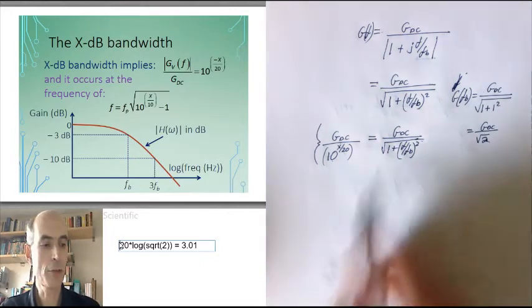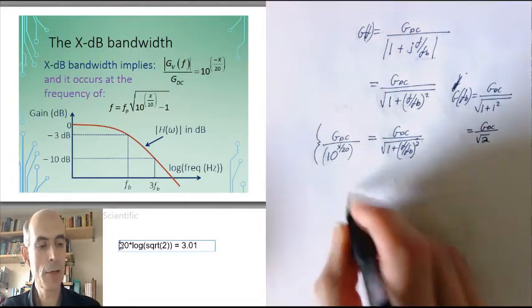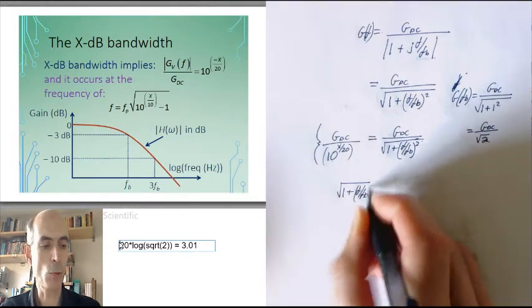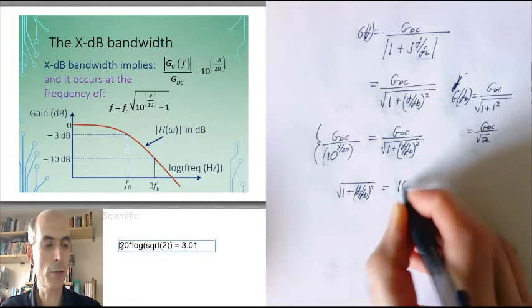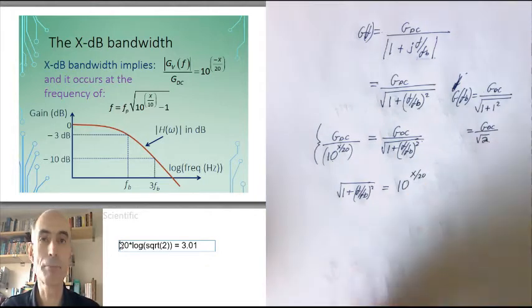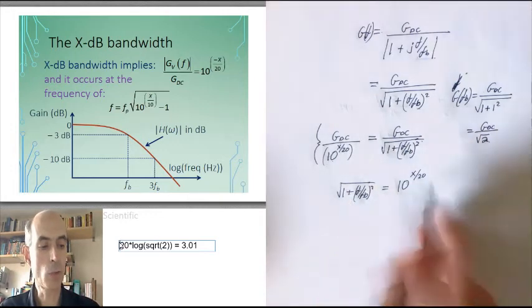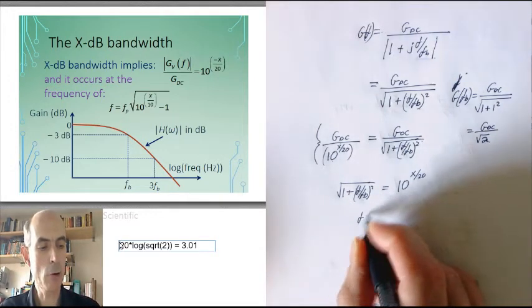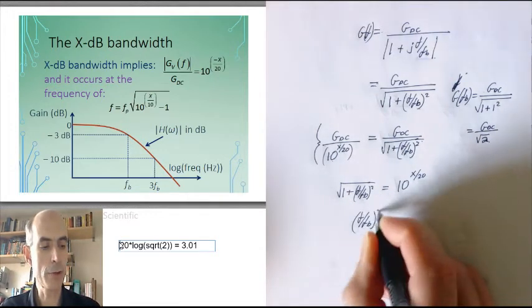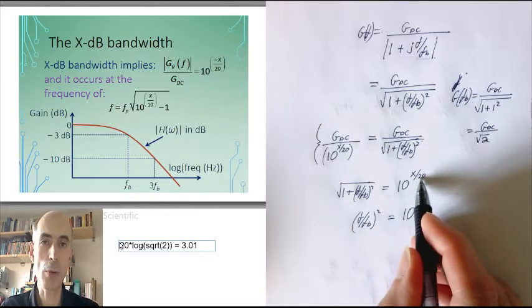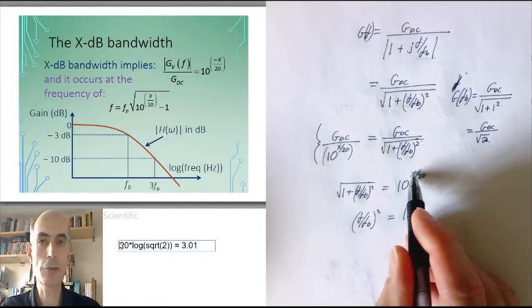And I can see that these expressions are going to be equal if the square root of 1 plus F over FB all squared is equal to 10 to the power of X over 20. Squaring both sides and subtracting 1 would then give me F over FB all squared equals, well, 10 to the power of X over 20 squared is 10 to the power of X over 10.